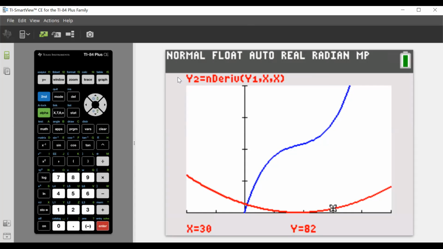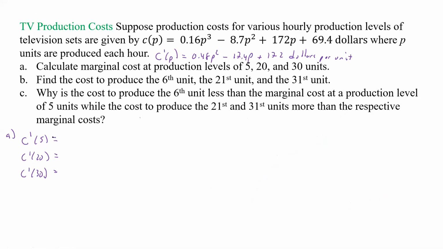So now we plug those values in: $97 per unit, $16 per unit, and $82 per unit. Now we need to find the cost to produce that one unit. Remember, the cost to produce one unit is C of x plus 1 minus C of x.